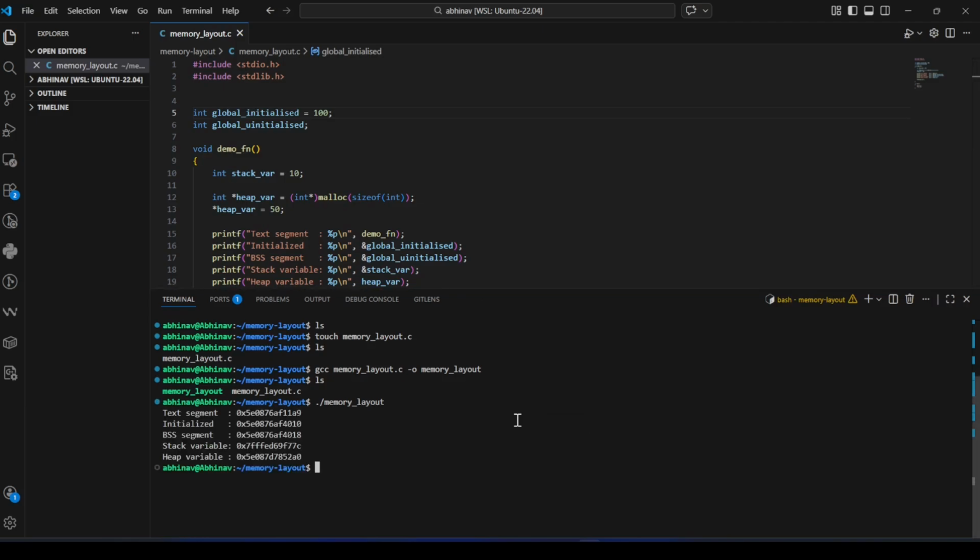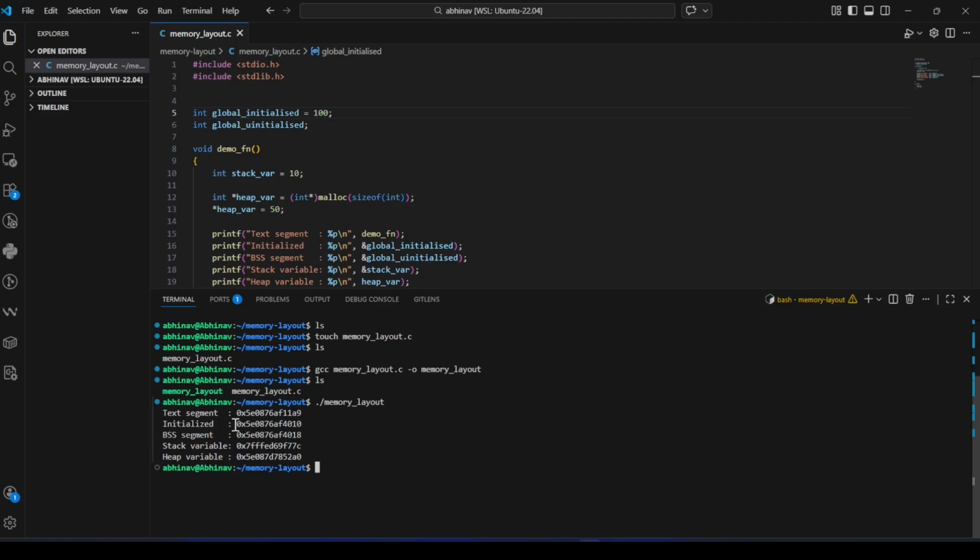Right, so these are all the addresses you can see here. The text segment starts from this address, the initialized data segment starts from this address, the BSS segment starts from this, the stack variable starts from this, and the heap variable starts from this.